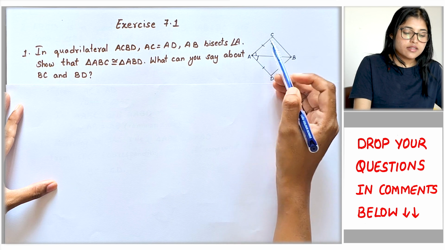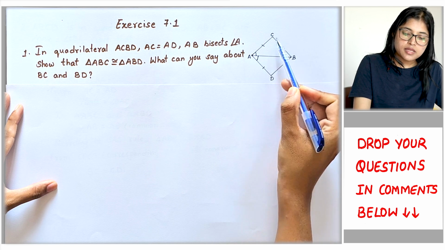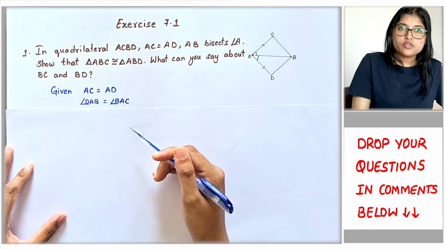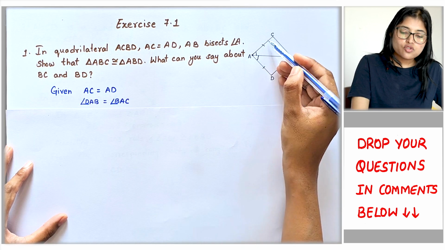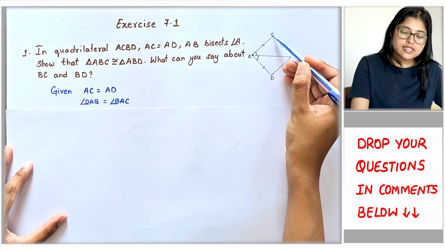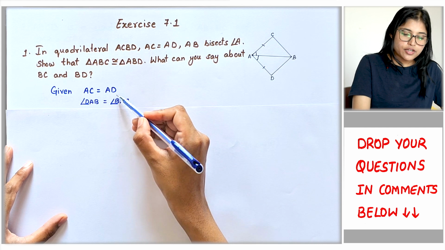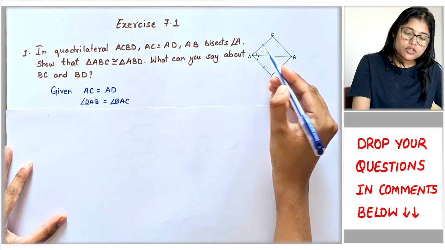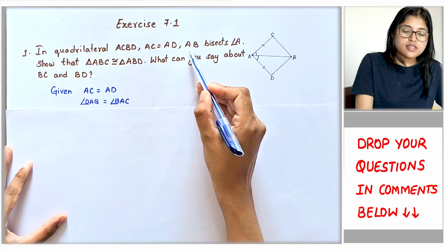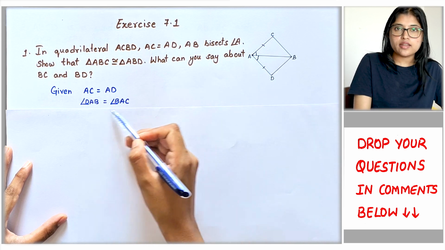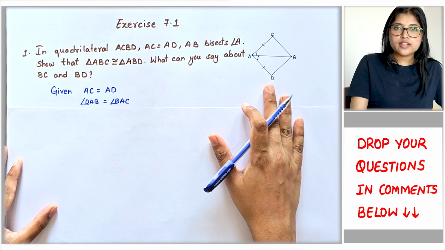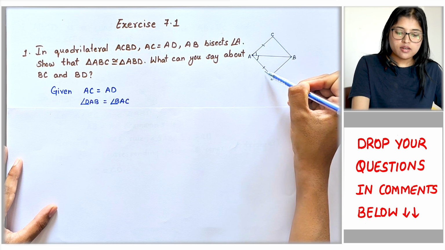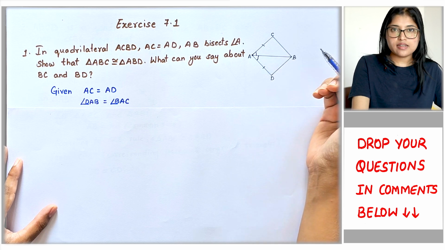We need to prove that the top triangle, that is ABC, is congruent to ABD. Writing down the given information, in these two triangles, I can say AC is equal to AD because that is given to me. I can also say angle DAB is equal to angle BAC because AB bisects angle A, these two are equal. Now in these two triangles, I have one side and the other side as equal and one angle and the other angle as equal.